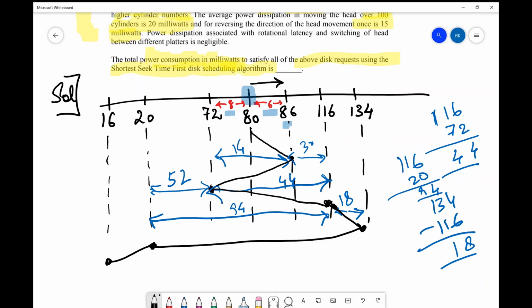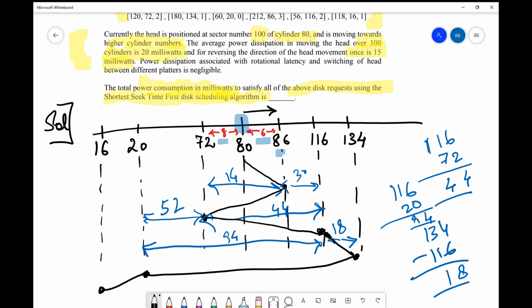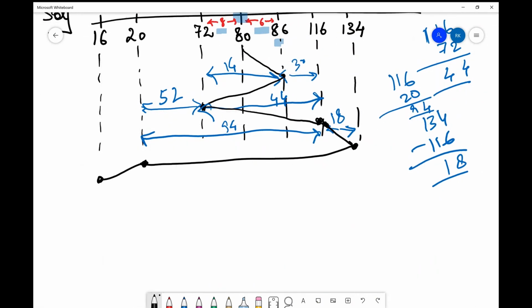Then we need to compute the power dissipation, and to compute that we need to check the question which says over here that the average power dissipation in moving the head over 100 cylinders is 20 milliwatts. So we need to now check the cylinder counts, the movements of cylinders that took place in order to serve these requests.